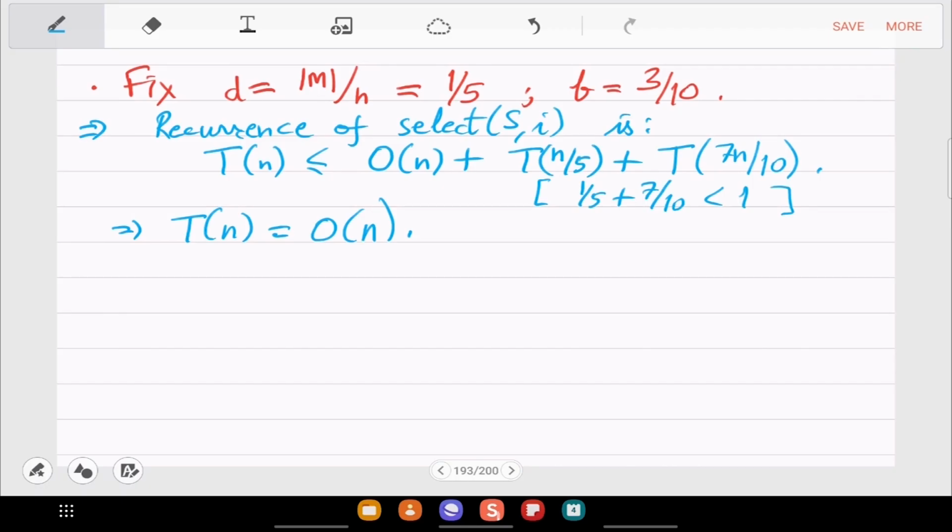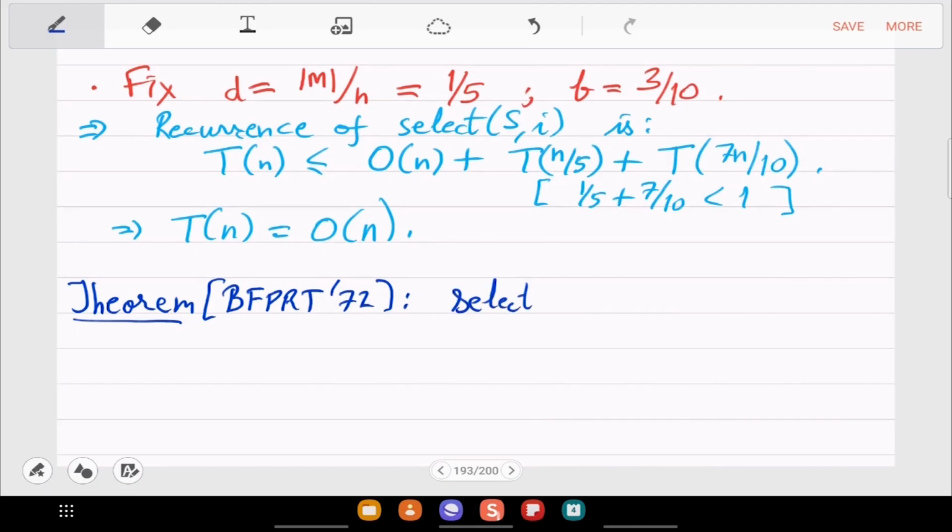Okay, so this finishes the ith order statistic theorem. By who? So there were 5 people, B, F, P, R, T. So select S comma i finds the ith min of S in linear time.